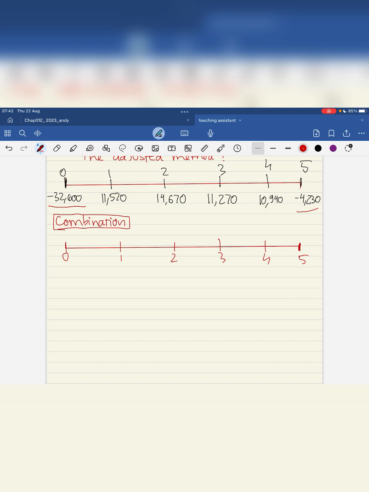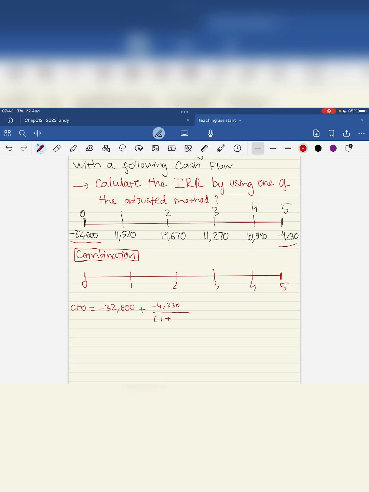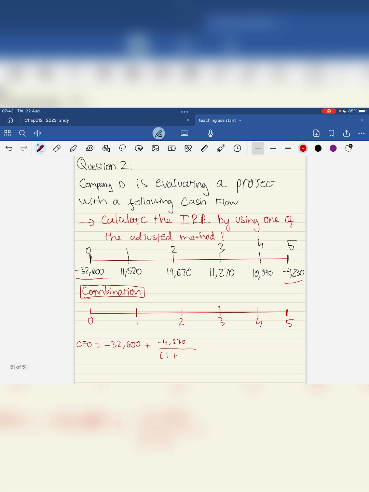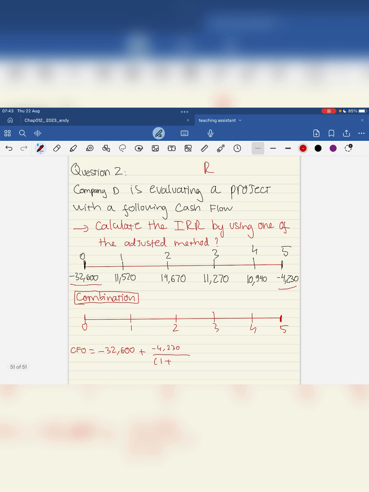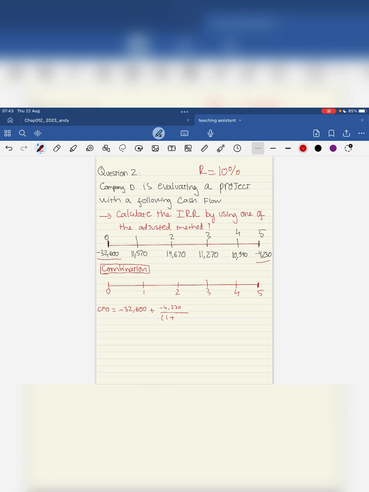So we will have the cash flow in year 0, which is equal to minus 32,600 plus minus 4,230 divided by 1 plus the required return. The required return here, I will suppose to be equal to 10%, since it's missing data. So R is equal to 10%.